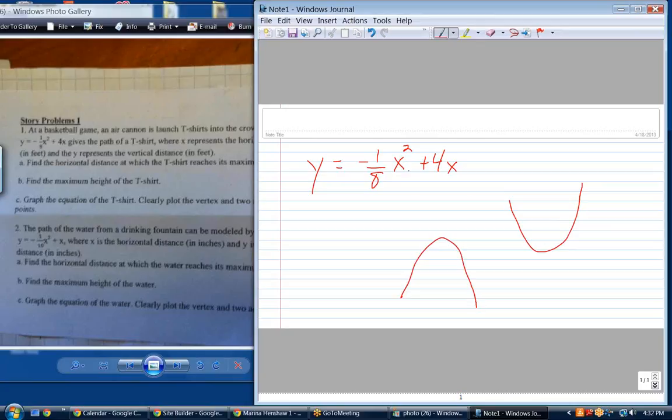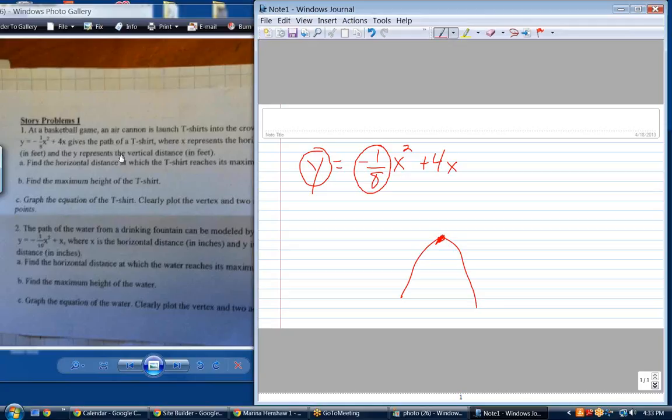So if it's a parabola, the maximum value of y is going to be this point right here. We know that it's a parabola that points down because of the negative sign in front of the x squared, as opposed to pointing up, the one on the right.